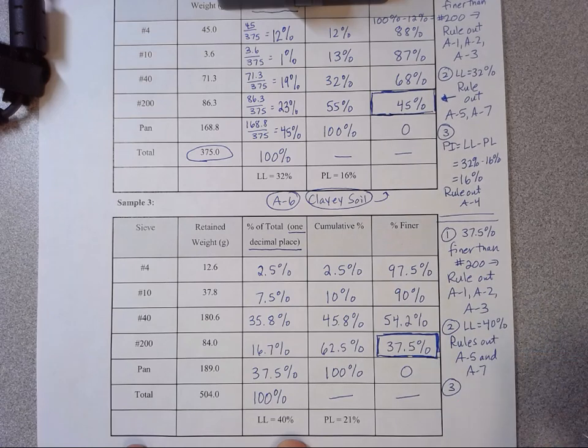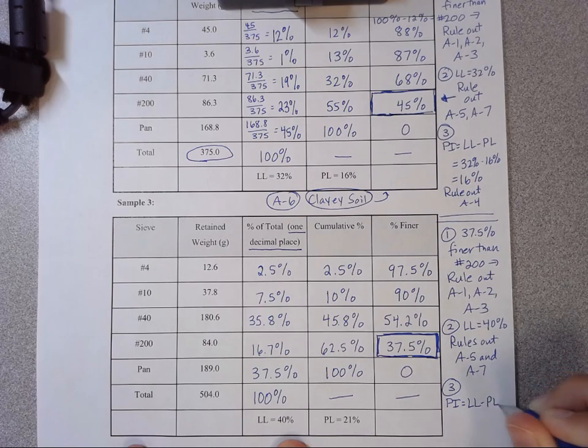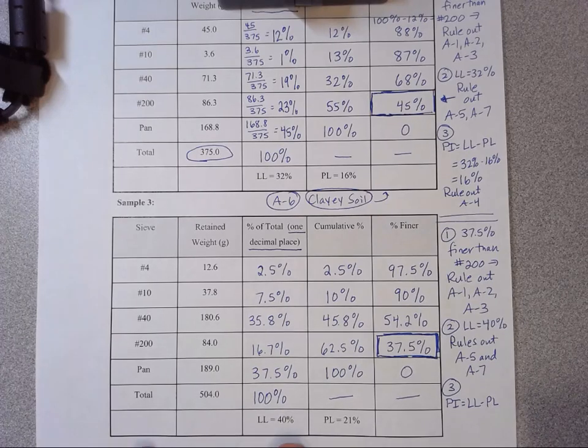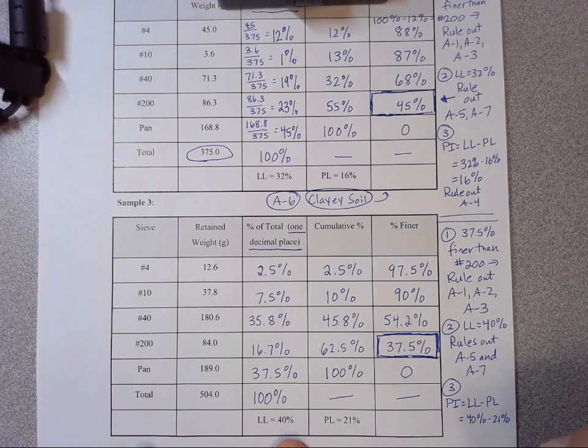And then my last one, again, I have to calculate that plasticity index since it's not given to me. And I remember that it's the liquid limit minus the plastic limit. It's like the index. It's the amount between those two. That's a way I kind of remember that. So it's 40% minus 21%. In this case, that's 19%.